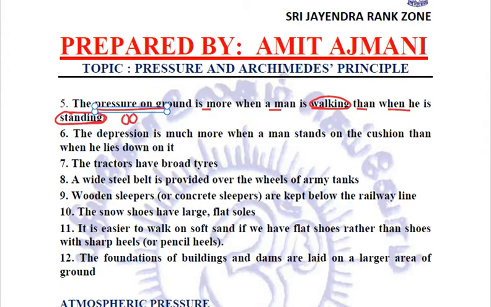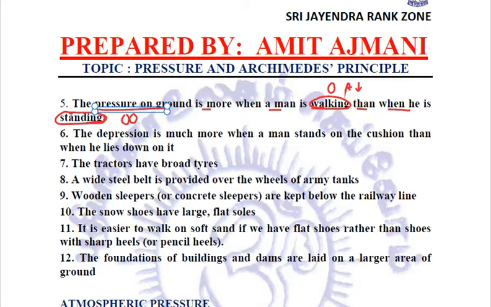But when he is walking, at a time, he is putting all his weight on only one foot. So if we relate the area of contact while walking and standing, it is one foot or both feet. So while walking, the area is less, and since the area is less, the pressure will obviously be more. The reason again is the same, that pressure is inversely proportional to area.